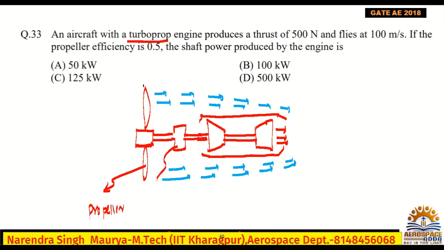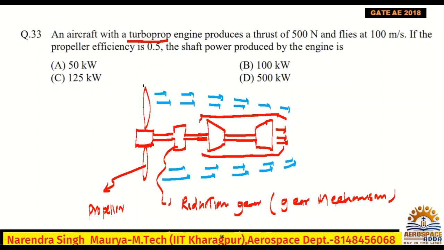This is the reduction gear or gear mechanism, you can say. The rest is nothing but compressor, combustion chamber, and turbine as usual.